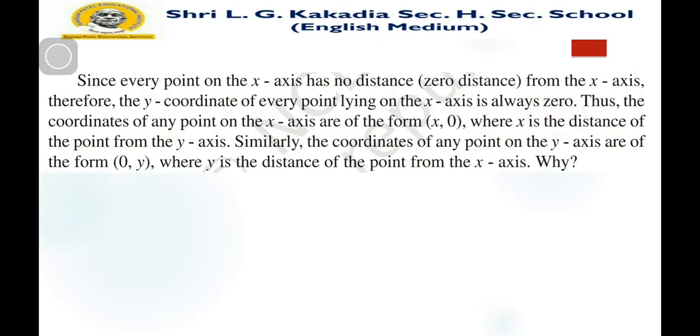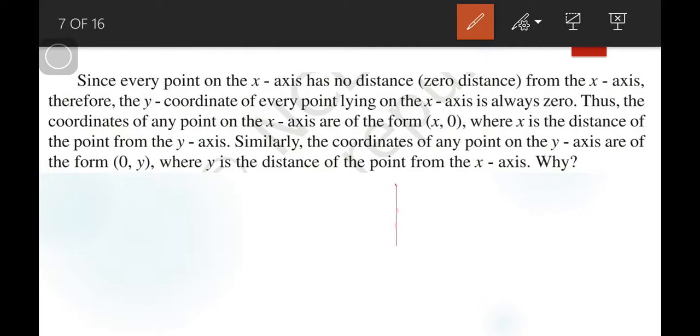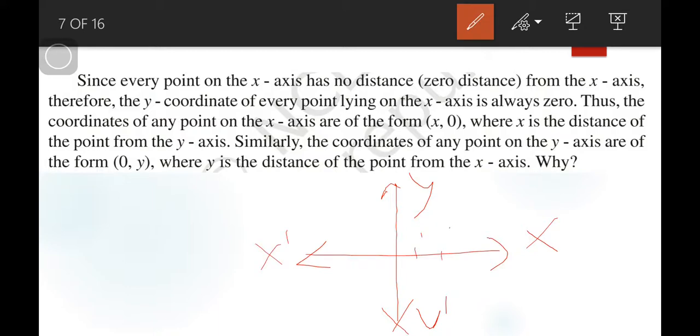Here you can see the two lines as given here. It is y dash, x dash, here given 1 2 3, as well as here 1 2 3, also here.